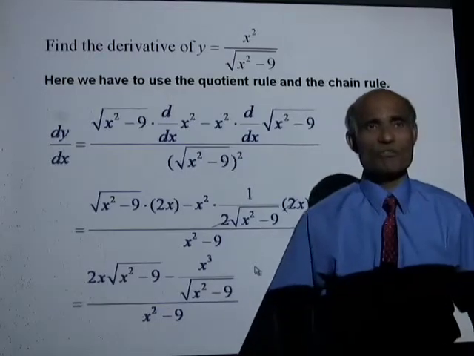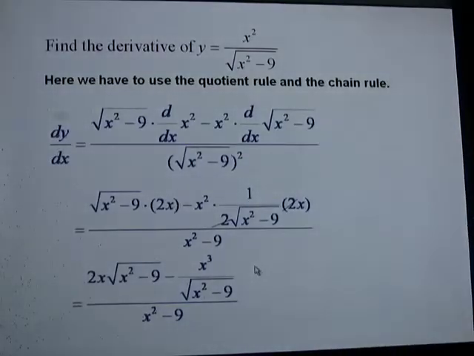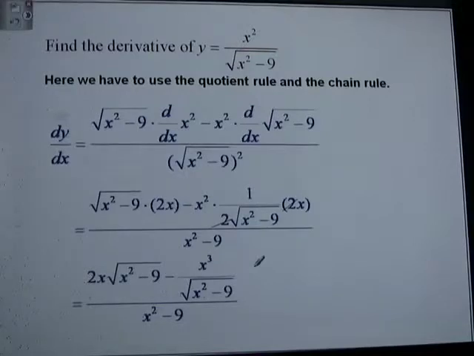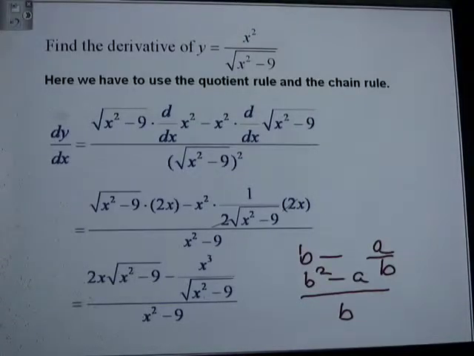All right, I hope your algebra is good enough to do that. Just watch me for a second to give you an example here. Now, look at this. What is b minus a over b? If you want to do this, take b as the common denominator, and the numerator then will be b squared minus a. Is that right? So b minus a over b will be b squared minus a, all over b.